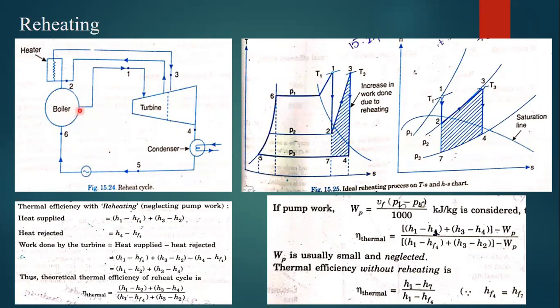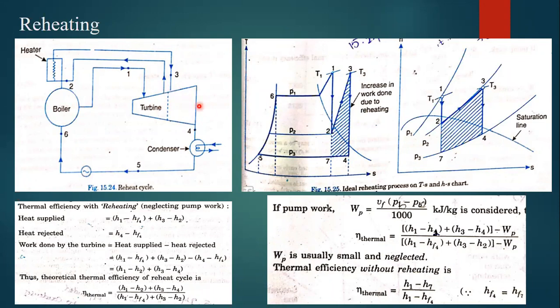So first of all, this is the inlet to the boiler, that is 6, and the outlet of the boiler is given to the turbine, that is process 1. Again here we give heat to the heater, and we take that as 2. At enthalpy H2 we are heating that, and the output we have is H3, and that is fed to the turbine here.